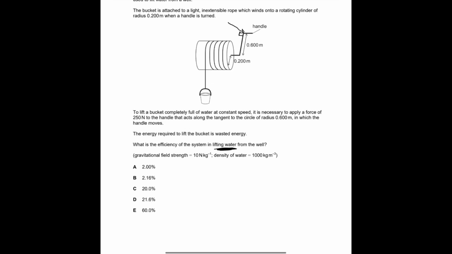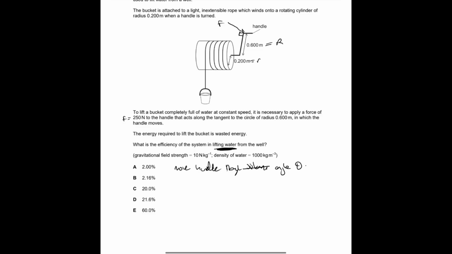Okay, so what we're going to do is let's think about what happens if we move the handle through angle theta. Let's call this radius big R and this radius small r. Then we'll call this the force F, which is 250 newtons.